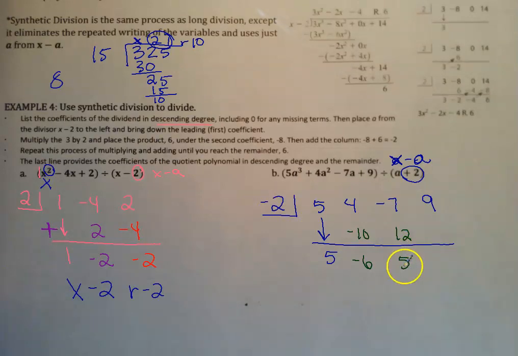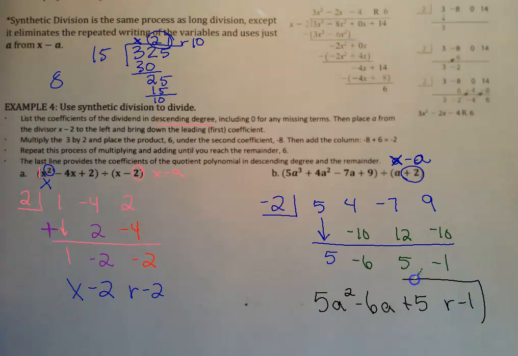Negative 2 times 5 is negative 10. And 9 plus negative 10 is negative 1. So when we write our answer, we started with a cubed, so now our answer is going to be a squared: 5a squared minus 6a plus 5. We're all the way down to the constant, so we have a remainder of negative 1.